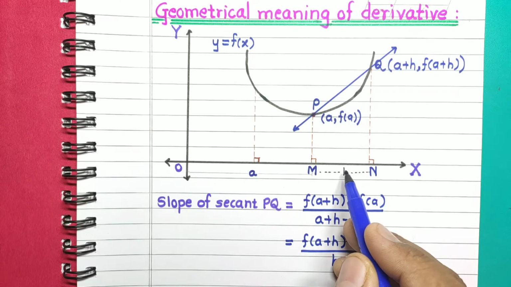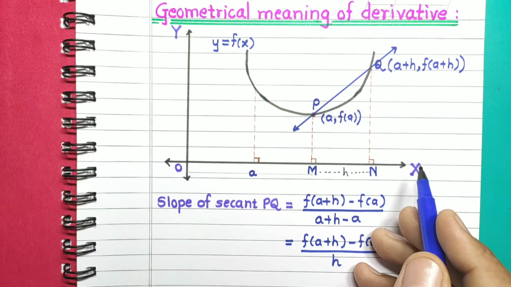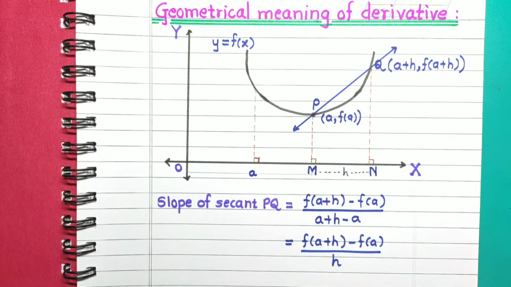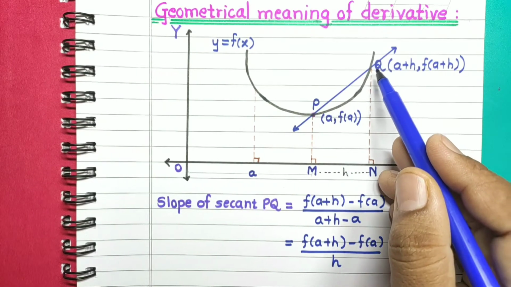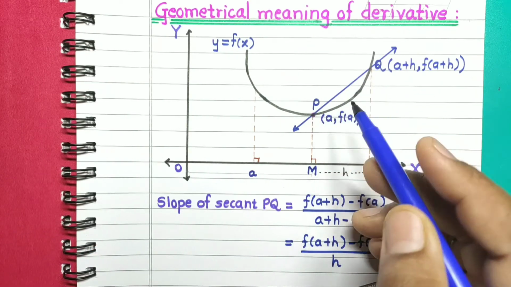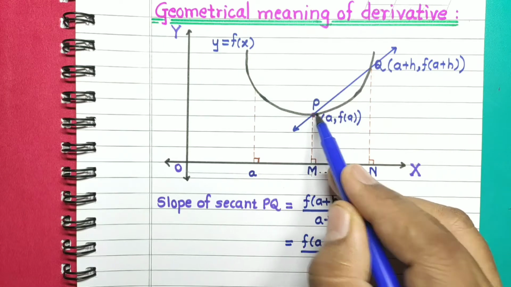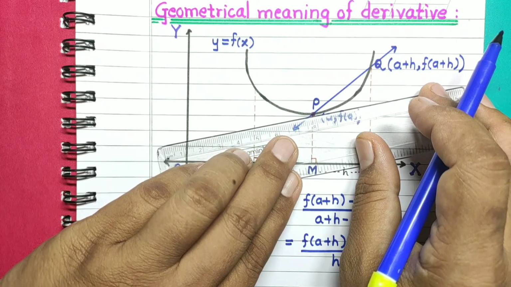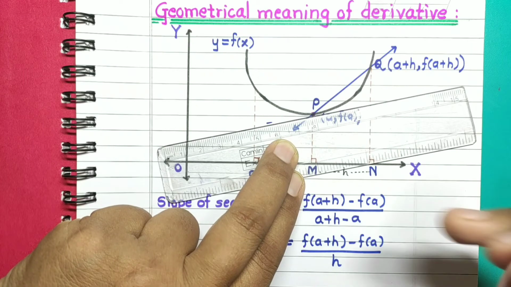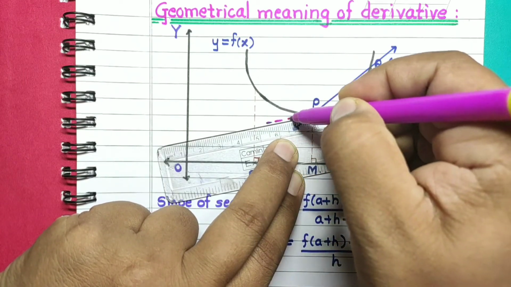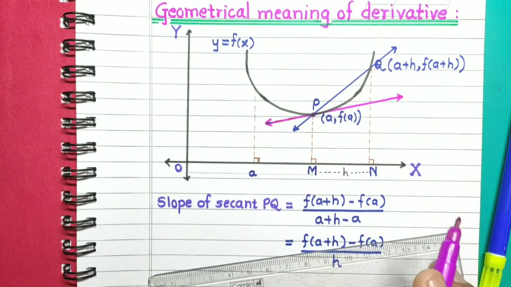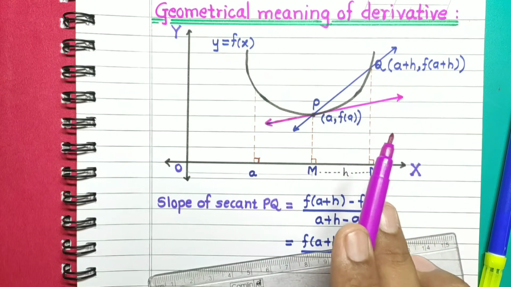When we make this h approach 0, point Q also approaches point P, and at that time points P and Q coincide, and this secant will become a line passing through only one point on the curve, like this. And we know that a line passing through only one point on the curve is the tangent to the curve.